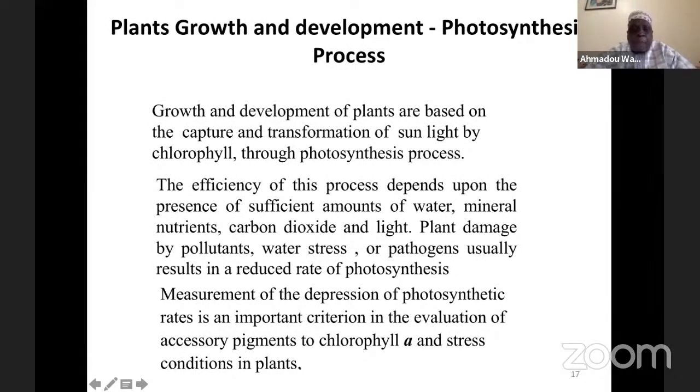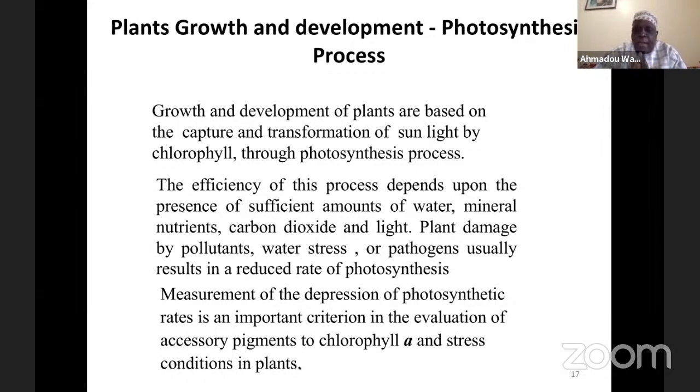The growth of plants is based on the capture and transformation of sunlight by chlorophyll through the photosynthesis process. And the efficiency of this process depends upon the presence of a sufficient amount of water, minerals, carbon dioxide, and light.